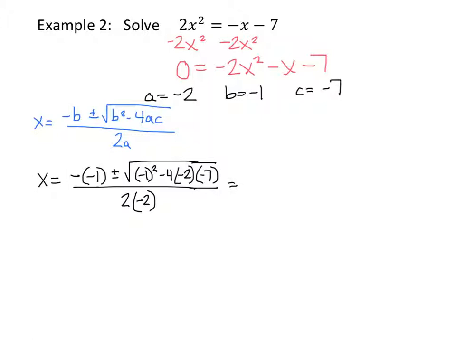All right, we got positive 1. Plus or minus, what's negative 1 squared? Positive 1. Okay, and then negative 4 times negative 2. Positive 8 times negative 7. Negative 56. Negative 56 is right. Remember, your calculator is helpful on those pieces if it gets jumbled. Over negative 4. Okay?